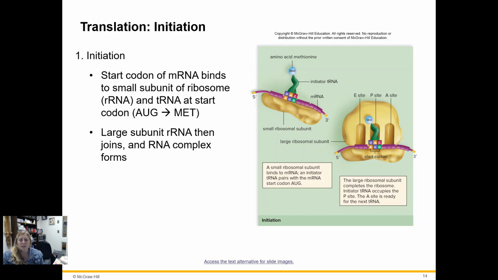You would have a small ribosomal subunit that is going to find the mRNA, and then tRNA will meet the mRNA at the start codon. So it's kind of like, here's all of the things coming together to make this process work. The large ribosomal subunit will then form over the small one, and we end up with something called an RNA complex.